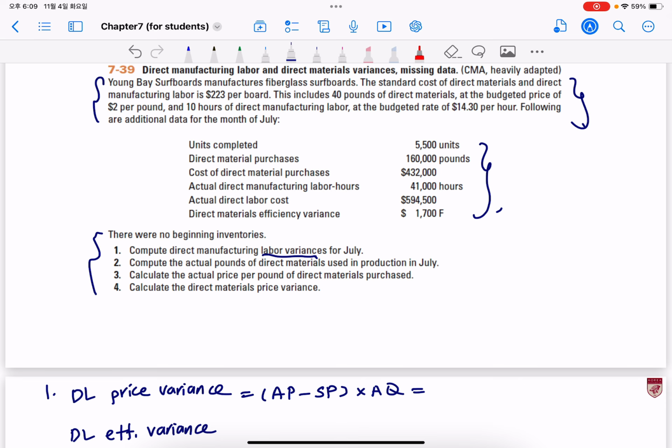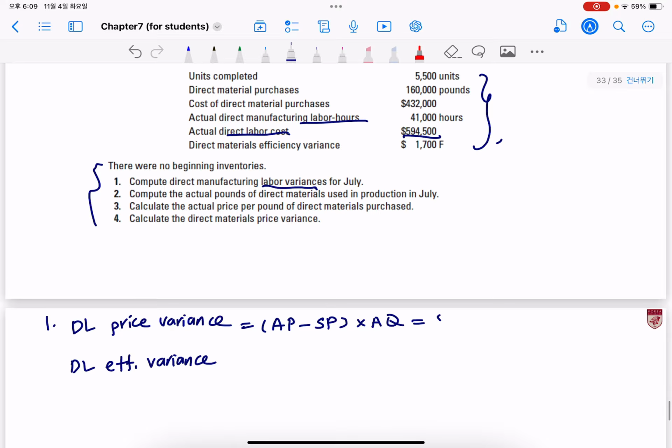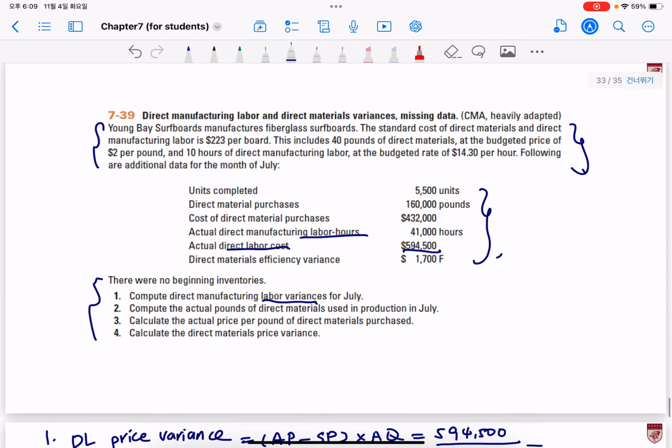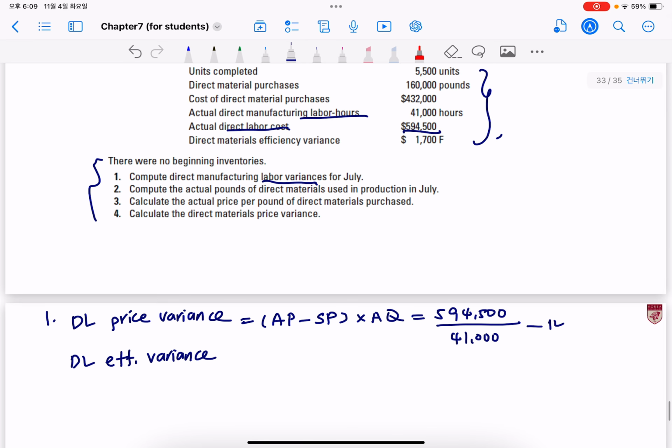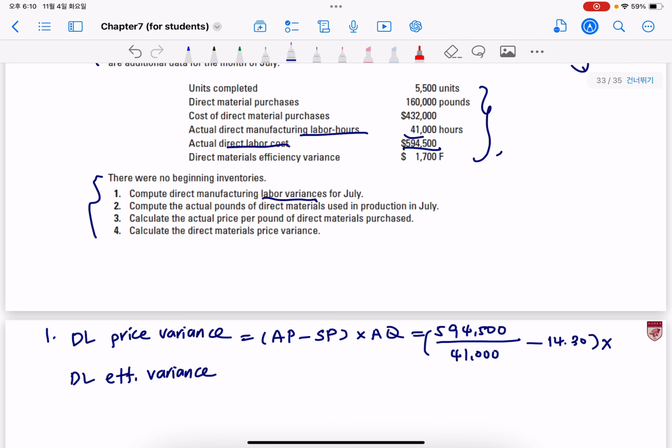Well, we need to use these two information, which is the actual labor cost and the actual labor hour. Actual wage rate is this labor cost divided by the labor hour, right? And then the standard price is given as, let's see, right here, 14.30 times the actual Q. So actual Q is the actual labor hour used, which is 41,000.